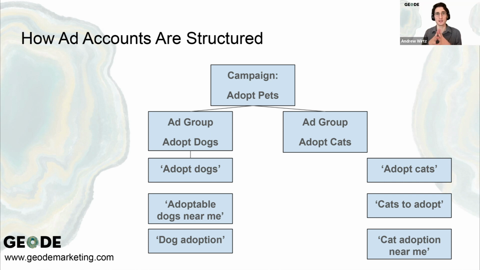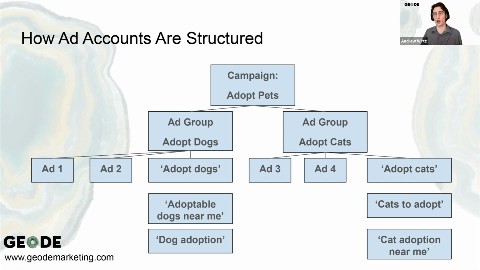If those were all in the same ad group or campaign, we wouldn't have the best experience, and then that click-through rate that I discussed earlier would probably be impacted. But if anytime someone is searching anything related to dog adoption, they see ads that have keywords like this in them, they will be much more likely to interact.